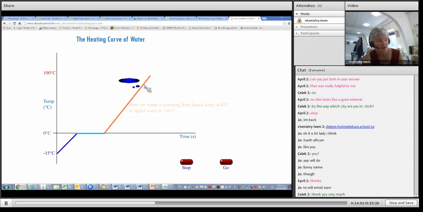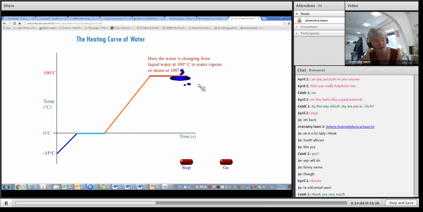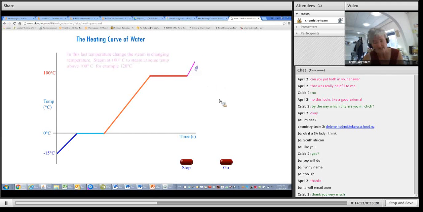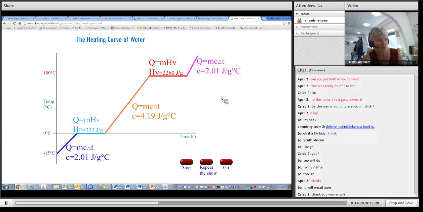So the particles are moving faster. Now I'm breaking the intermolecular forces, and can you see it's breaking up into smaller particles, and I've now gone into the gas phase, and the gas particles are moving faster and faster. So those are nice little interactions to see what's happening.